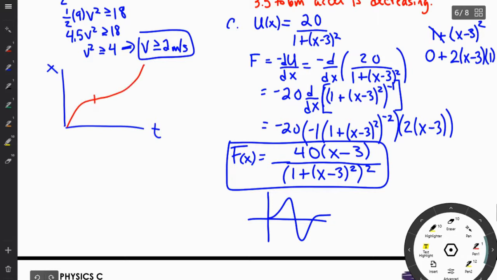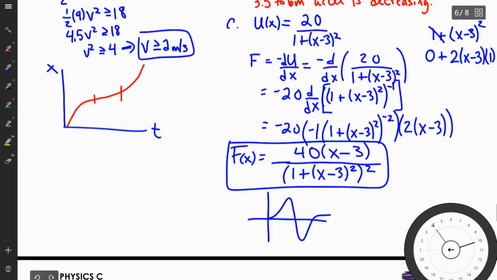And so if you want, this is x equals 3, or I'm sorry, I'm writing in times, but I don't know the exact times. I just lost my axis. Okay, so that would be our position versus time graph.